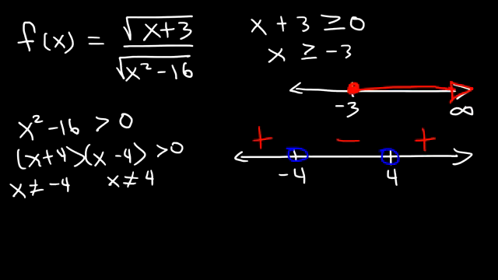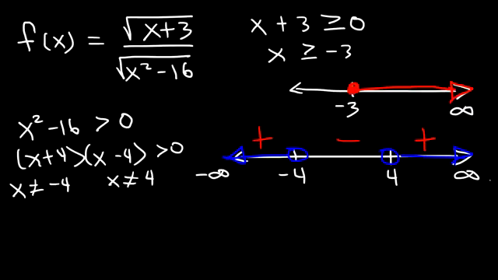So now what should we do at this point? Now we know that we can't have any negative numbers inside a square root symbol. So it's not going to be anything between negative 4 and 4. So for the square root on the bottom, x can be greater than 4, and it could be less than negative 4, but nothing in between.